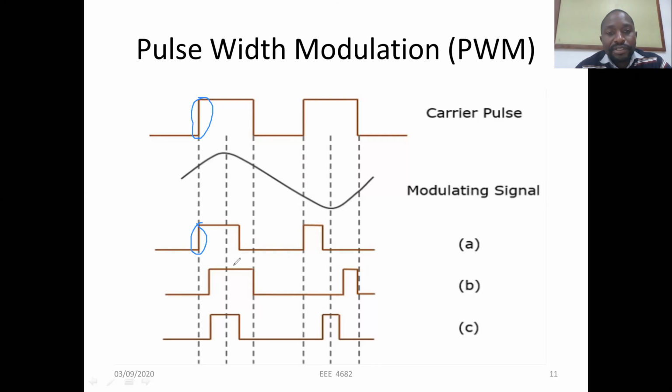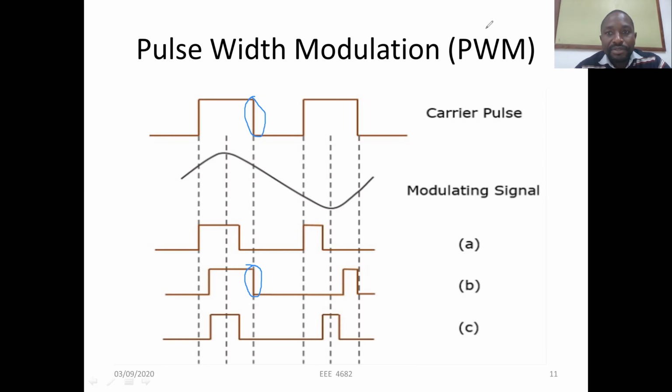Then the second possible output is where you are considering the falling edge of the carrier. This is the falling edge, and this will give a corresponding output whereby you have a falling edge or tail edge, and then what will be varying will be the leading edges of the carrier.